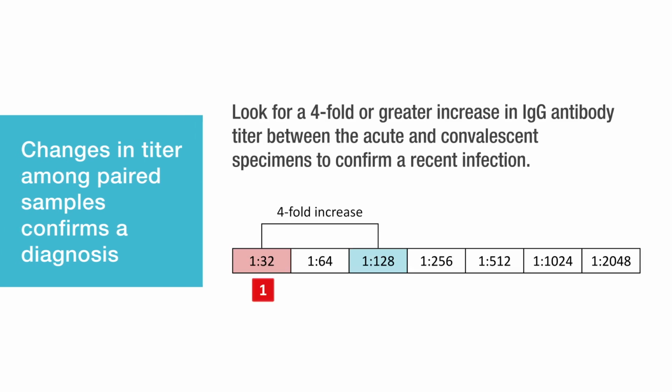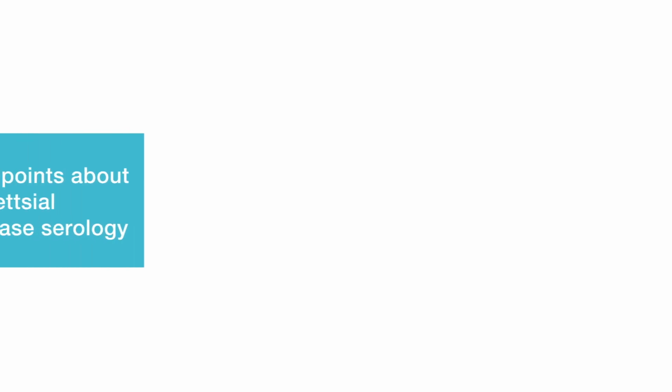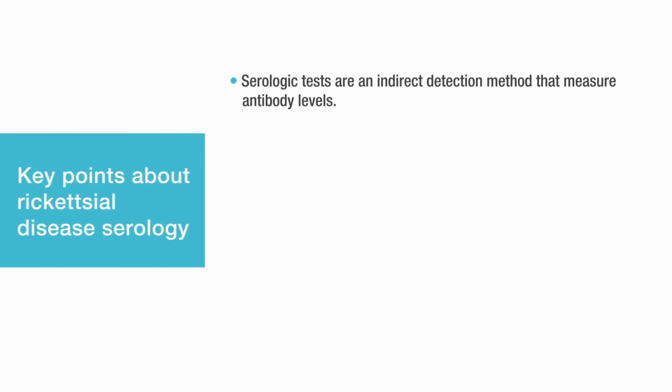Look for a 4-fold or greater increase in IgG antibody titer between the acute and convalescent specimens to confirm a recent infection. Serologic tests are an indirect detection method that measure antibody levels rather than directly detecting the presence of the pathogen.